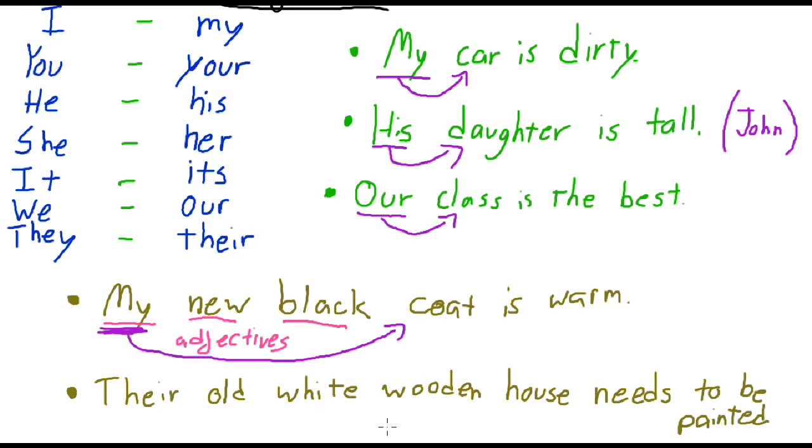Their old white wooden house needs to be painted. In this one we actually have four adjectives. We have their, we have old, we have white, and we have wooden. Correct? So you probably know old and white. But wooden is made from wood, like a table. A table is wood. Or most houses are wood. So their old white wooden house needs to be painted. So in that case we have many adjectives. But once again, only their is a possessive adjective. And that is describing the house.